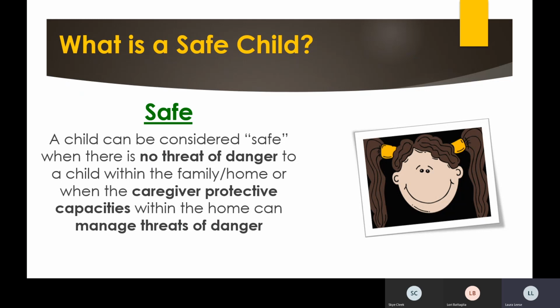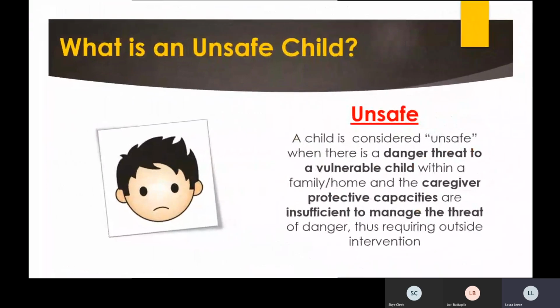So applying it to the practice model again, there would be no danger threat of the 11 that we have, or there may be a danger threat, but there is a parent or a caregiver who has the protective capacities to manage that danger threat, so the child is still safe.